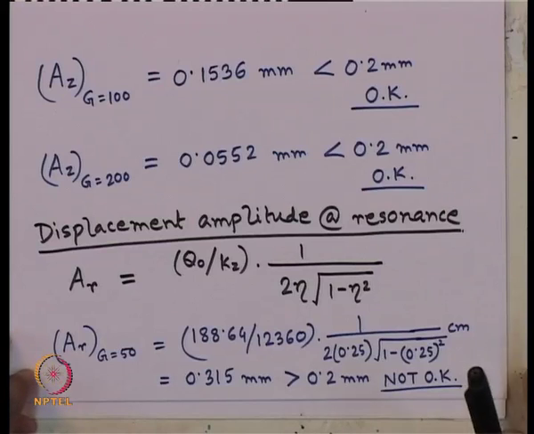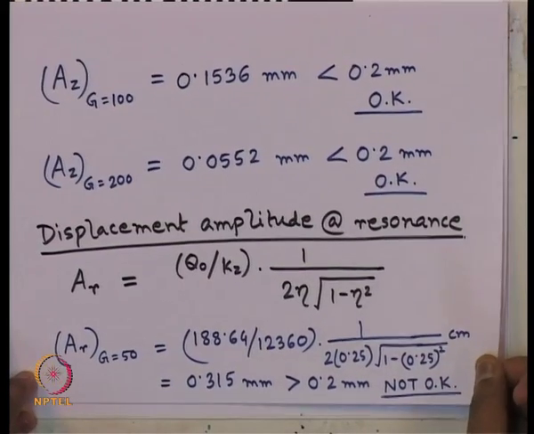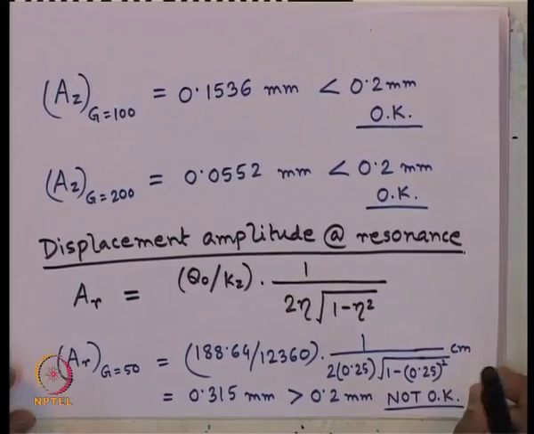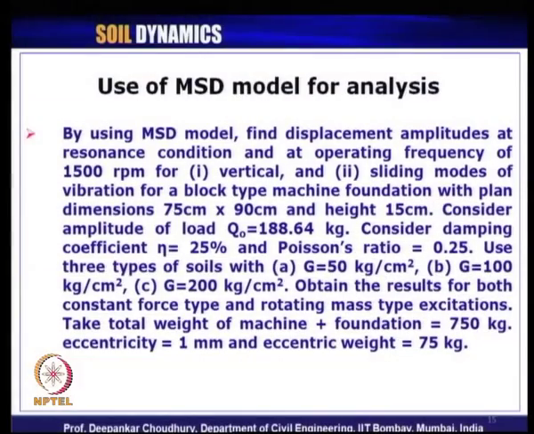So, we have to be very careful about this aspect as well, though it is not that common, because the machine will operate obviously at its operating frequency, hardly will it go to the resonance condition. We do not want to keep it at its resonance condition.